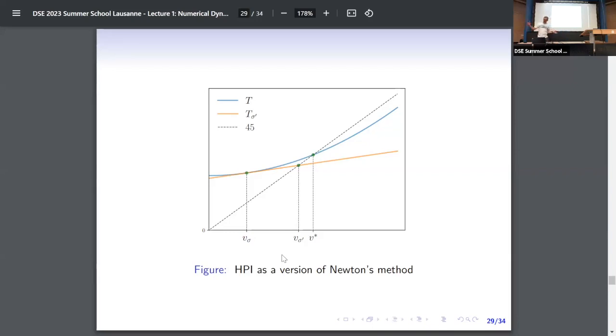So the essential difference is that Howard policy iteration, a variation on Newton's method, is going to be a smaller number of more computationally expensive steps. That's potentially advantageous when we start thinking about parallelization and putting things on GPUs.